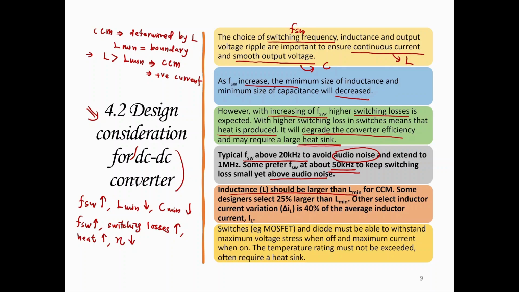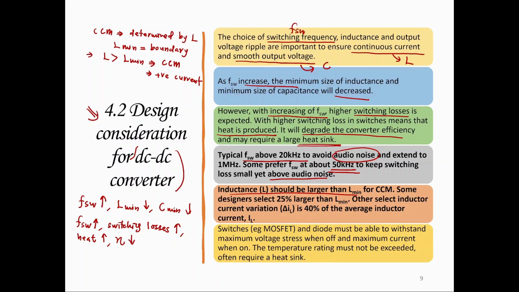So they don't have a definite percentage on how big your inductor can be, but normally we will design the inductor to be at least 25% larger than L min, which is L equals 1.25 multiplied by L min. Okay, 25% larger, which is, let's say we take the ratio of L and L min 1 to 1 ratio.